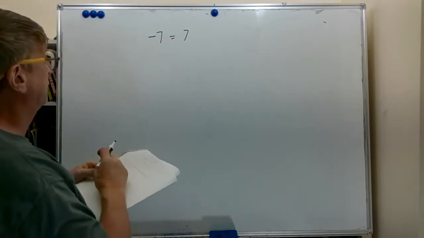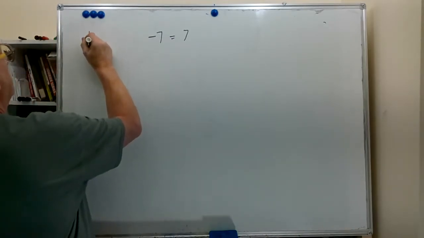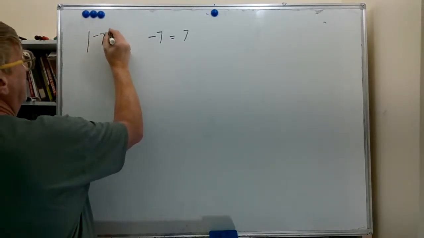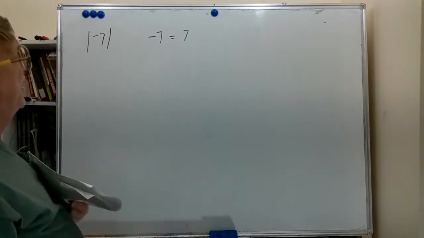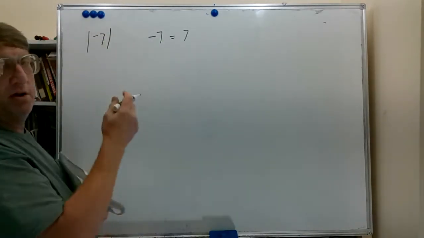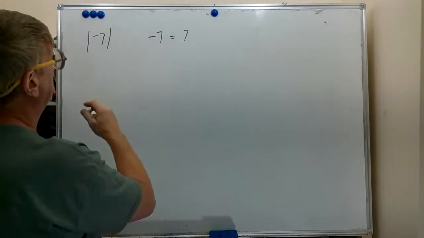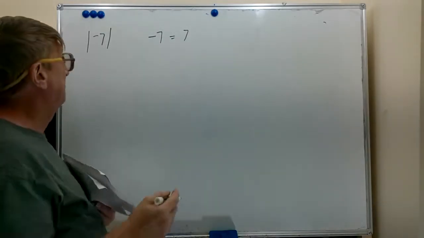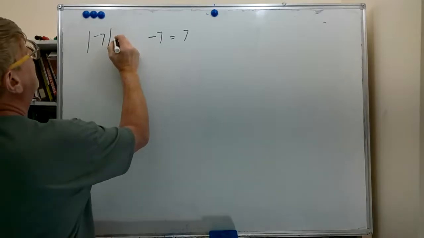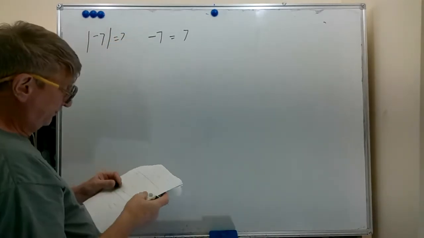A lot of times you will see a couple of bars with a -7 or negative whatever. That indicates absolute value. So when you put those bars around the number, that usually means you want to use the absolute value of this number. And the absolute value of -7 is 7.